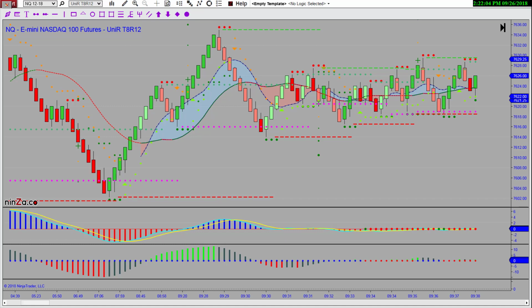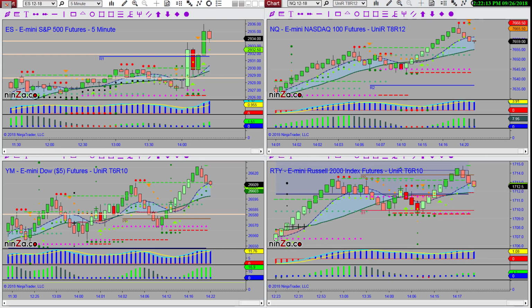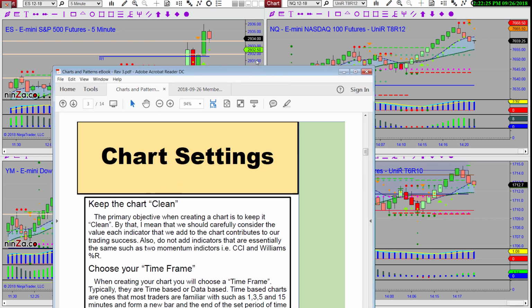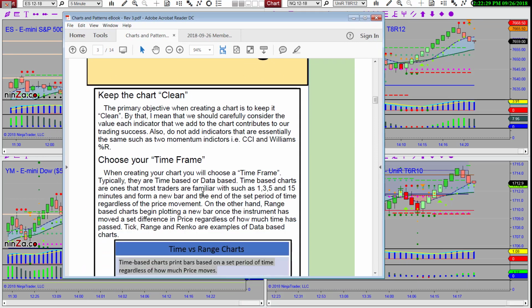All right. And that brings up the question, what time frames do I use? Well, I don't use time frames per se. In the ebook, I talk about chart settings and keep it in the time frame, charts and patterns.